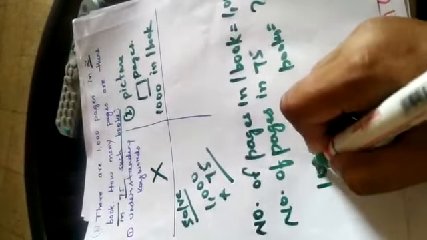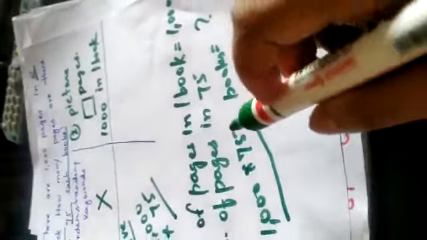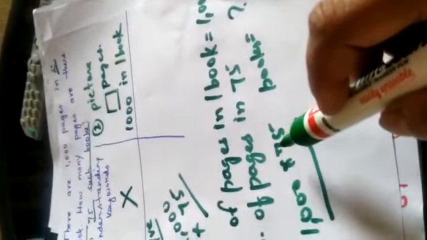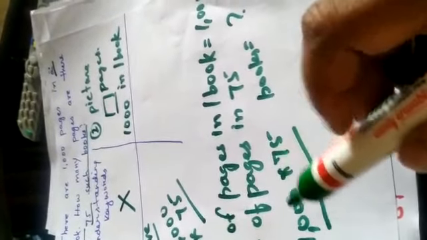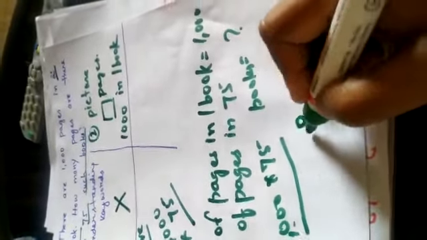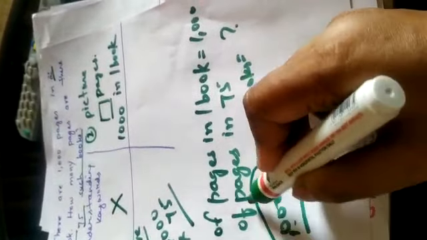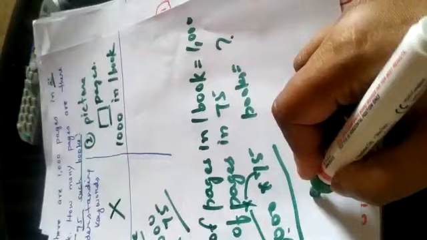We will multiply 1000 with 75, and we can do this multiplication orally, children. When a number is multiplied by 1000, then in the product the 3 zeros of the 1000 will go to the right side of the product, and then we will multiply this 75 with 1. So 75 ones are 75.